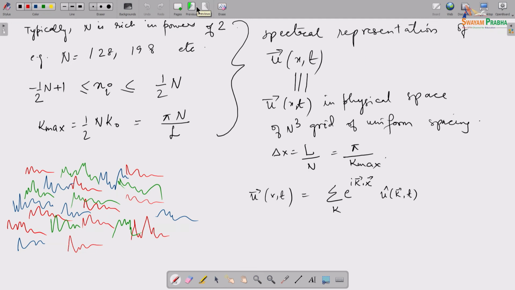There I say I'm going to bunch this up. How many of these waves are you going to take? Which one are you going to take, so that you put them together? That is given by this function here. So we bunch up all these waves, and that gives me a representation of the velocity at this location. You get that?